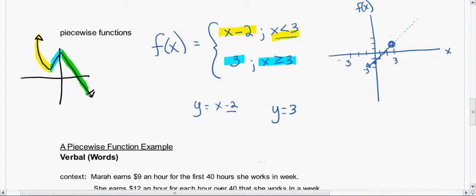At 3, my function takes on the value of 3 and it stays there forever. Before x equals 3, that line doesn't exist. So there's a graph of a piecewise function.